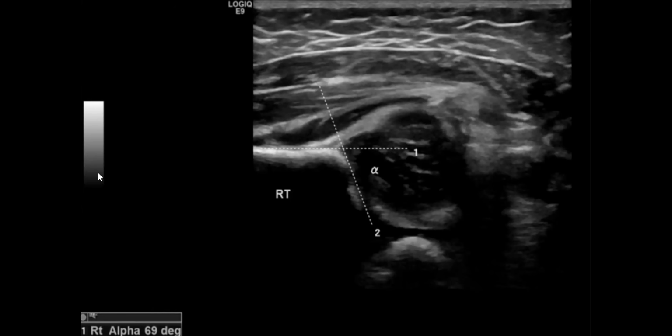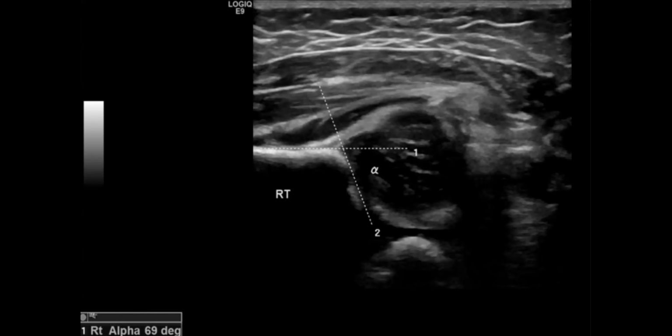Here I can see that there is a line passing through the acetabulum, this is the right iliac bone, and the other line is passing through the acetabular roof. So it is producing alpha and beta angles.